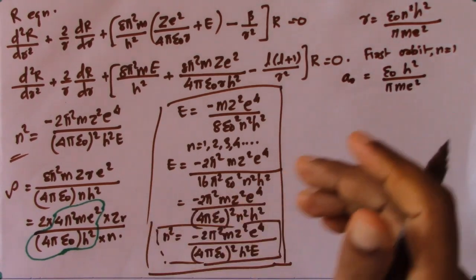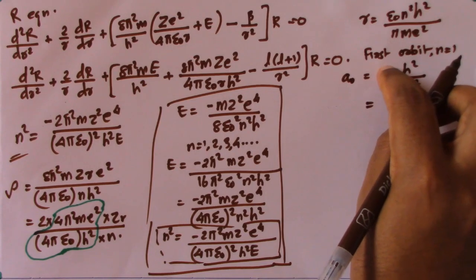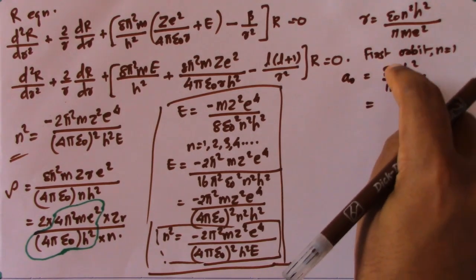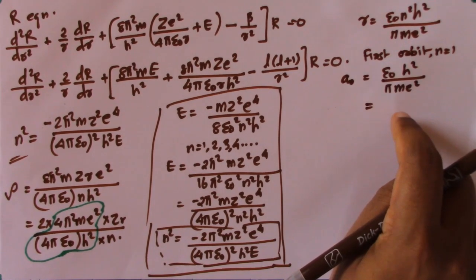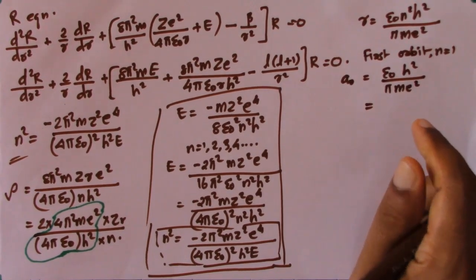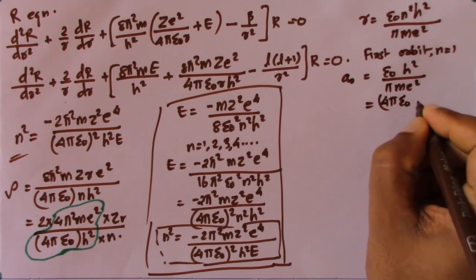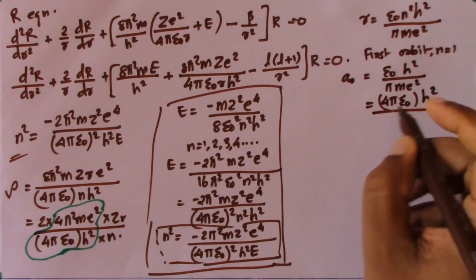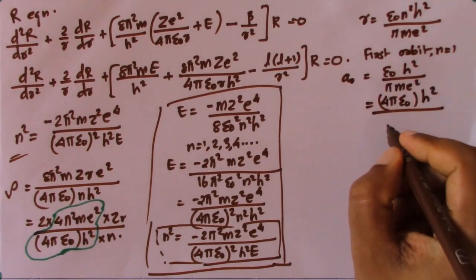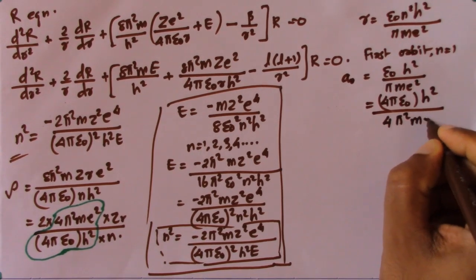I just multiply numerator and denominator with 4 pi so that the value doesn't change. Then I can write 4 pi epsilon 0 h square divided by 4 pi into pi, that is 4 pi square m e square.